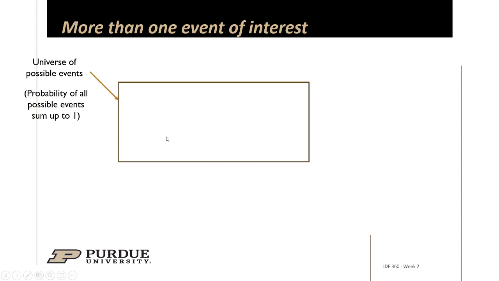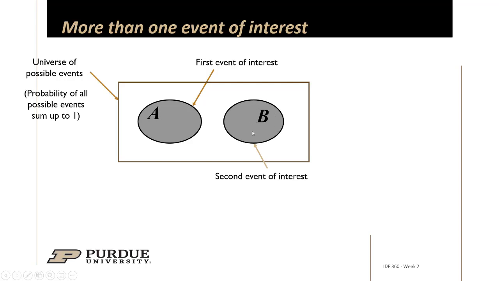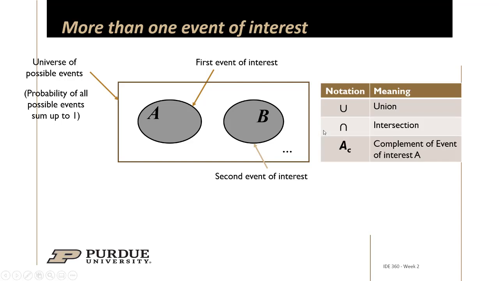So this is the space that sums up everything to 1. Then I put a first event of interest, which is a bubble with the name A, and a second event of interest, which is a bubble with the name B. And I could put as many bubbles as I want, depending on the number of events, and the rules will be more or less the same.